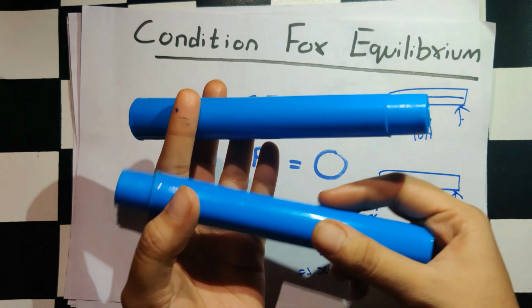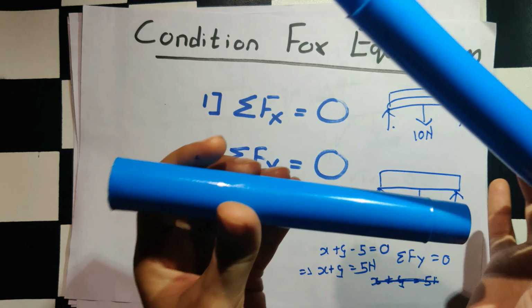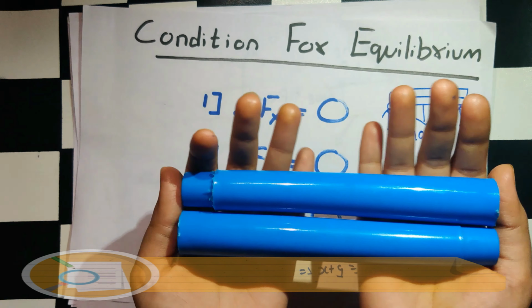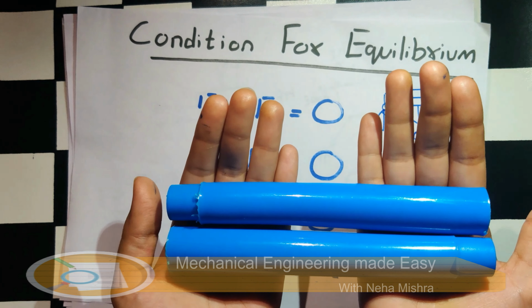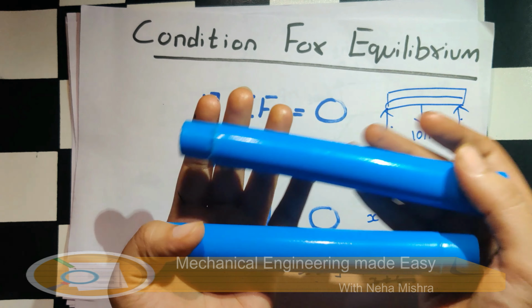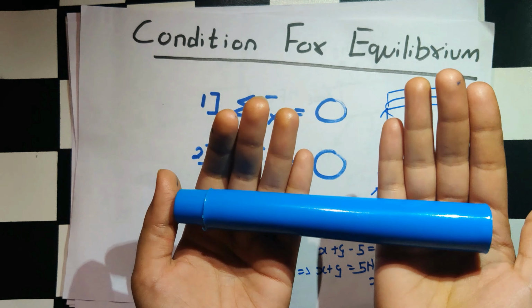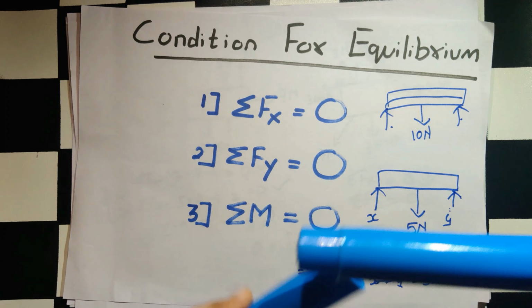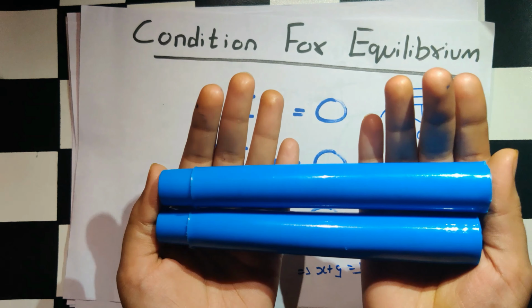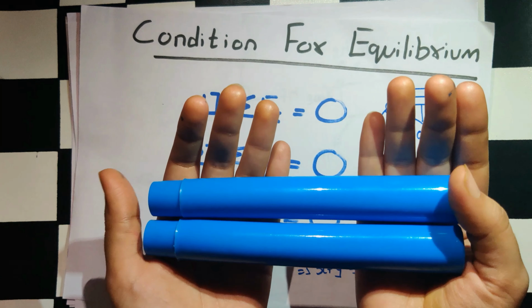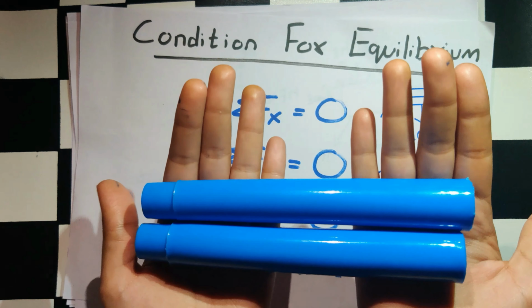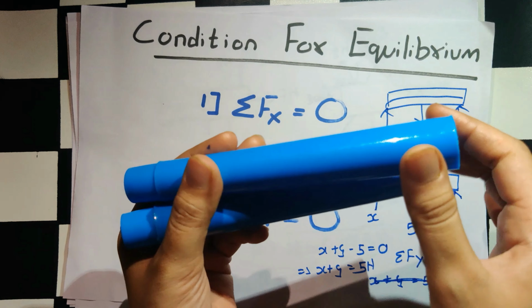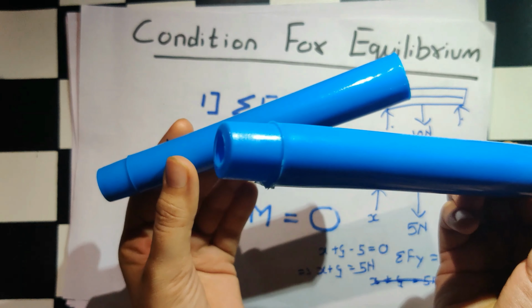The weight force is fixed here, 5 Newton and 5 Newton. But is the force given by my hands fixed? When I hold only one rod, my hands are giving 5 Newton. But when I am holding two rods, my hands are now giving 10 Newton. So the force due to my hands is not fixed, but the force due to these rods is fixed.